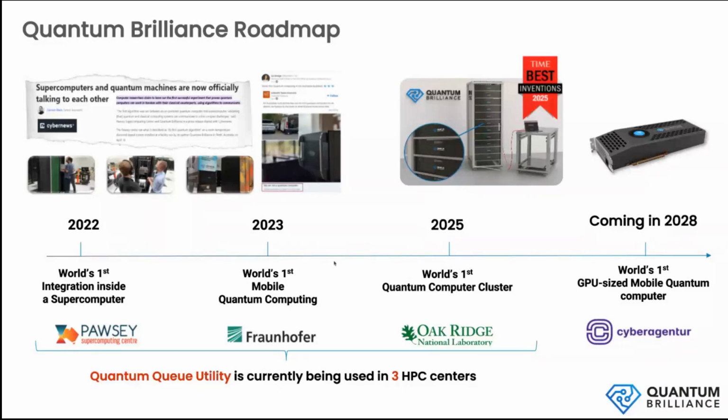In 2023, the quantum computer was installed at Fraunhofer IAF, located in Freiburg, Germany. And we installed 3 quantum computers at Oak Ridge. Of course, our goal in 2028 is to shrink our device because currently it has the size of a compute node, but we want to make it the size of a GPU.